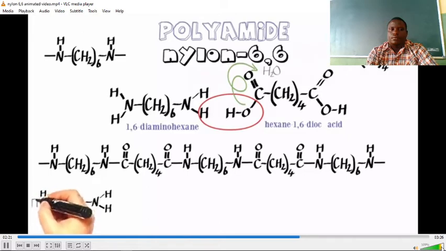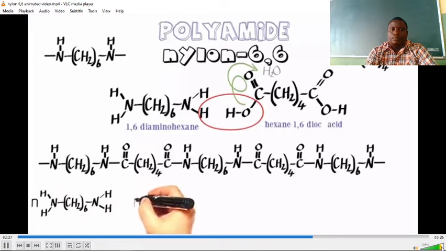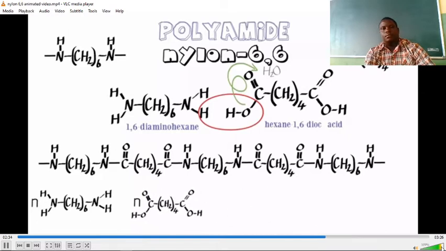Next then, let's look at the abbreviated form of this reaction. We would take N of the 1,6-diaminohexane molecules, where N is a large integer, maybe several thousand, together with the same number of hexane-1,6-dioic acid molecules. So we combine those.